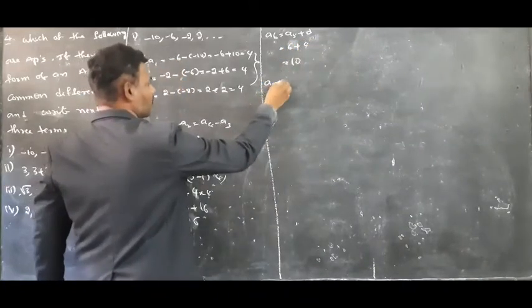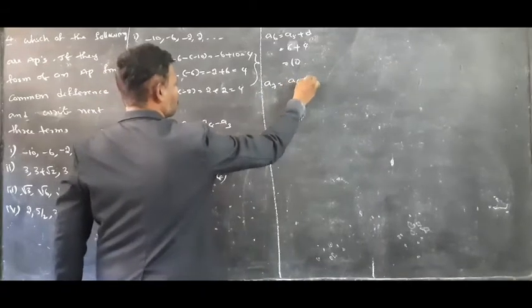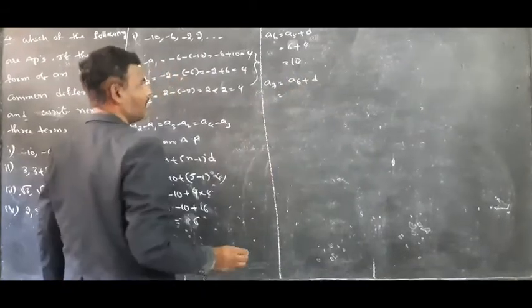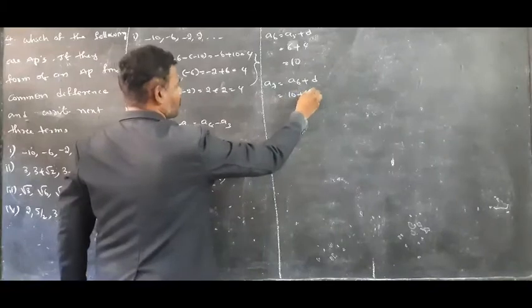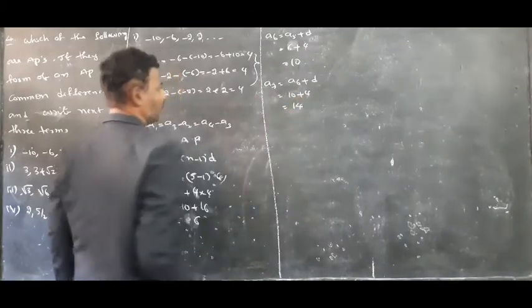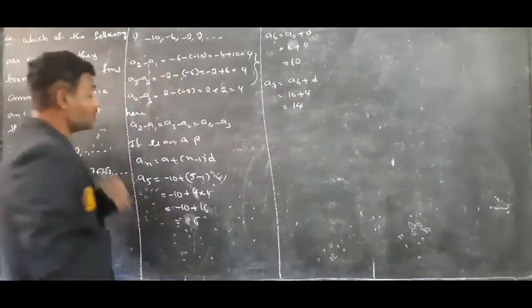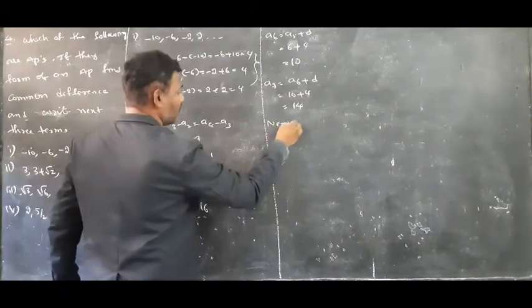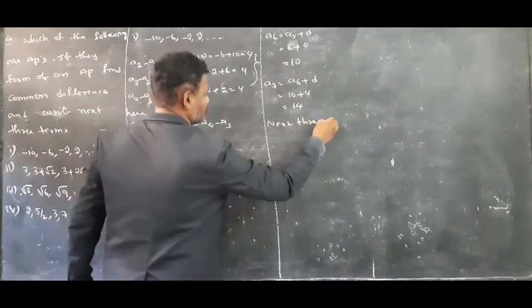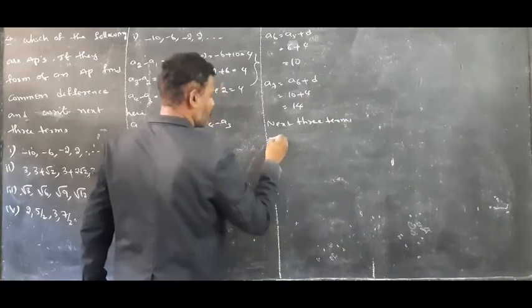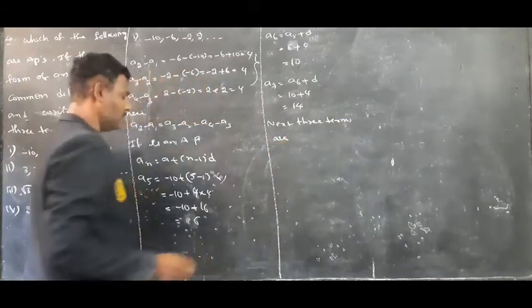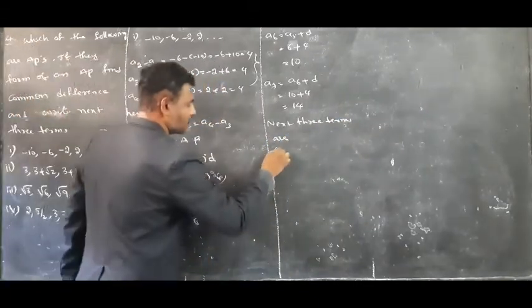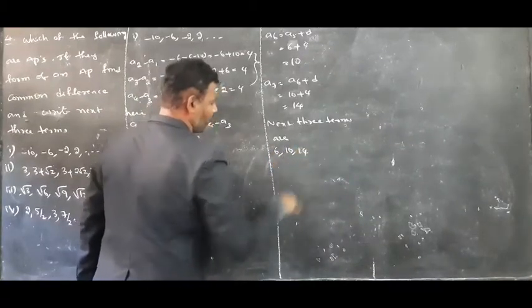Next I need the 7th term. That is nothing but A6 plus D. What about A6 here? 10 plus 4 is equal to 14. So what are the next three terms? The next three terms are 6, 10, 14.